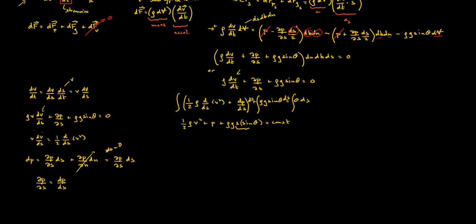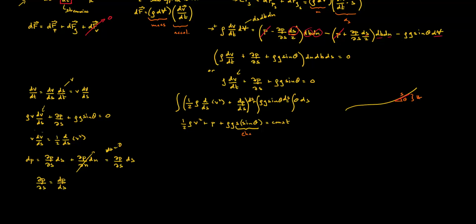And we see that this s sine of theta is just a change in elevation. So if we have a streamline here and we've gone along a certain distance s, and theta is something like this, and this is our s, then s sine theta is just this change in elevation, which we will call z.